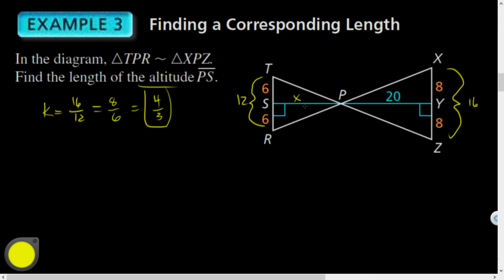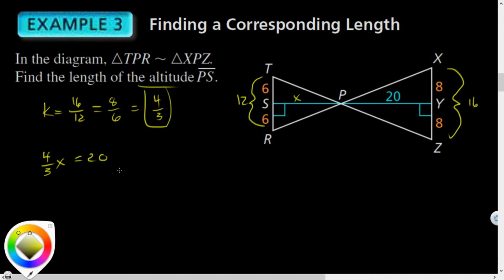So if I want to call this length the altitude x, to get from x to 20, I actually could use that scale factor. Or I could have even set up a proportion. So I either could have used 4/3 times x is equal to 20. That's one way. Or I could have actually set up a proportion from the beginning.